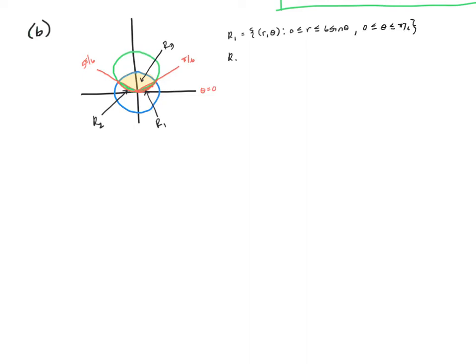I'm going to go to R2. It's described almost in the same way. You just have to be careful with your theta values. Notice that if I look at any r value, again, remember we're starting from the inside and going out, it's going to go from 0 to the green curve, which is 6 sine theta. So same r values as in region 1.